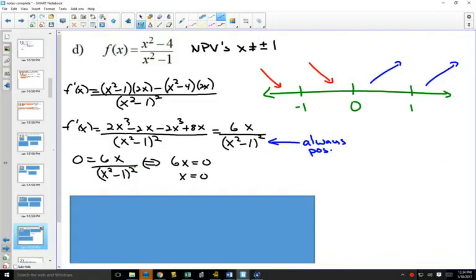And when we're checking things, we really only have to check the top. What happens when I plug a negative number into the top? It's negative. So does it make sense that both of those sections are going to be negative? And when you plug a positive number into the top, it's positive. So it makes sense that both of those sections are positive.